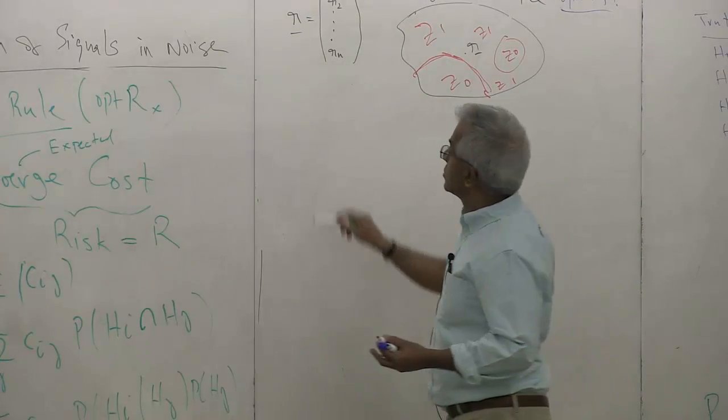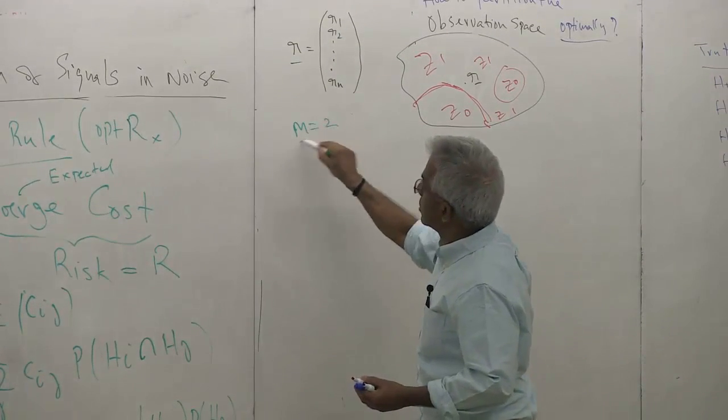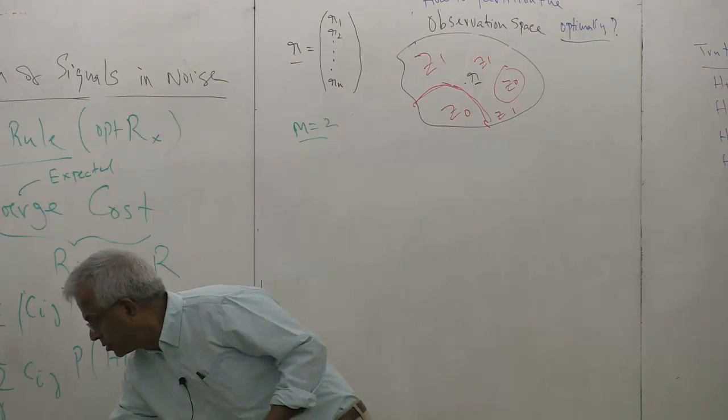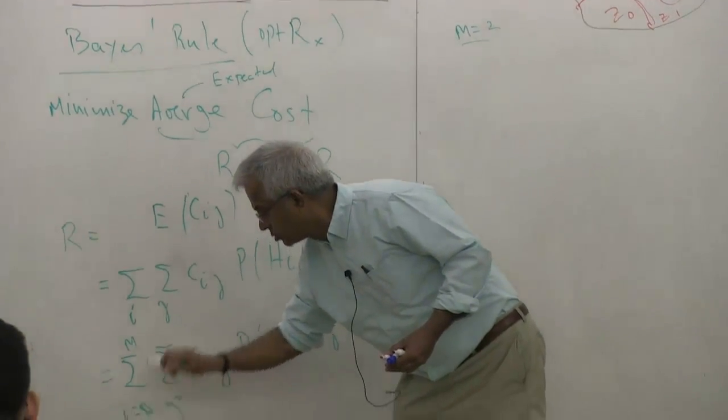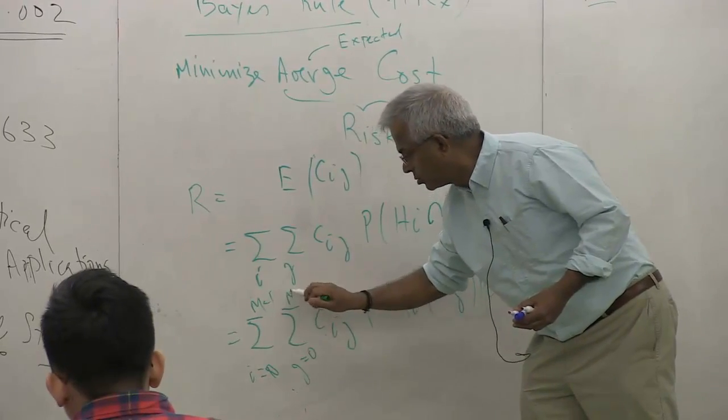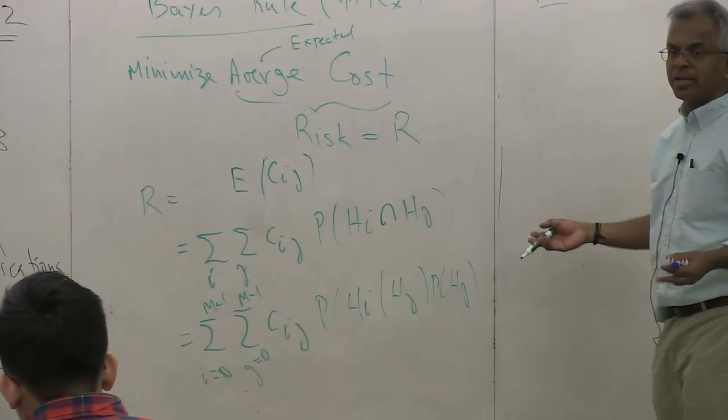So let me specialize to m equal to 2. Remember, this is i equal to 1 through m, j equal to 0 through m minus 1 in Emery case.